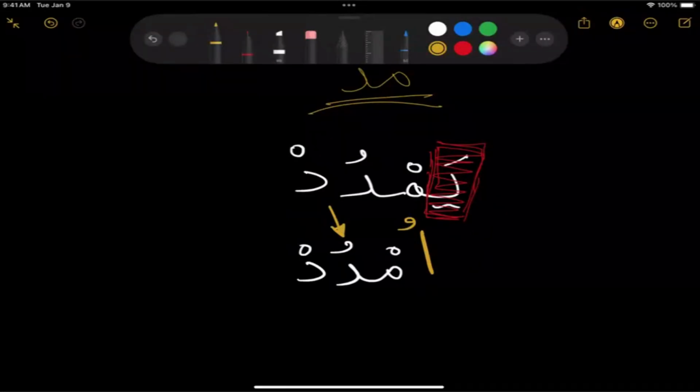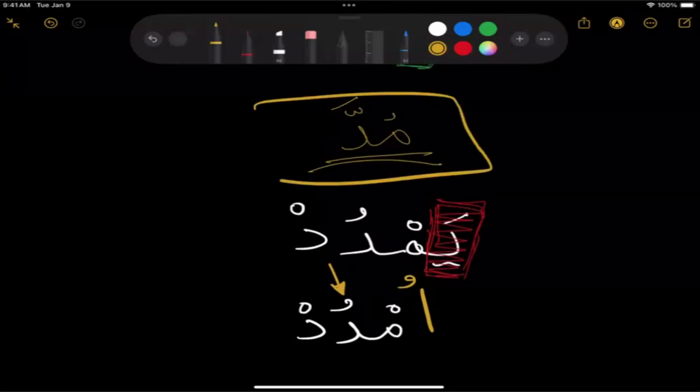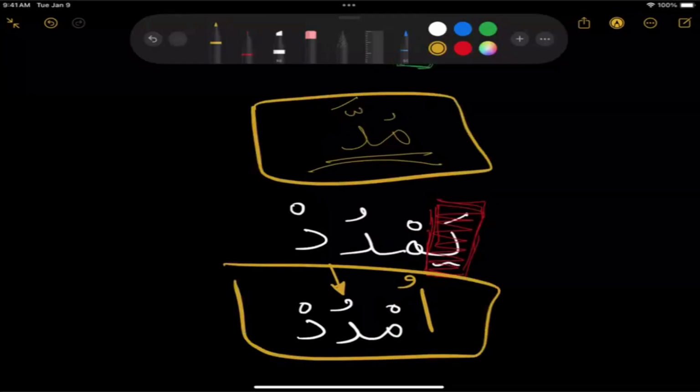That's a rule. So now we can say umdud. So now we have two ways to say the command. We can say mudda and we can say umdud. So this means then that the idgham is jaiz, not wajib, because we have an option. So you can say to the person, umdud yadaka li'uqabbilaha. Extend your hand so that I may kiss it. Mudda yadak or umdud yadak.